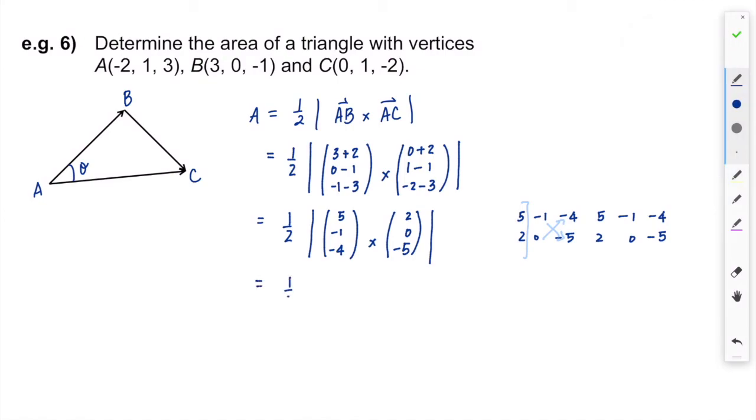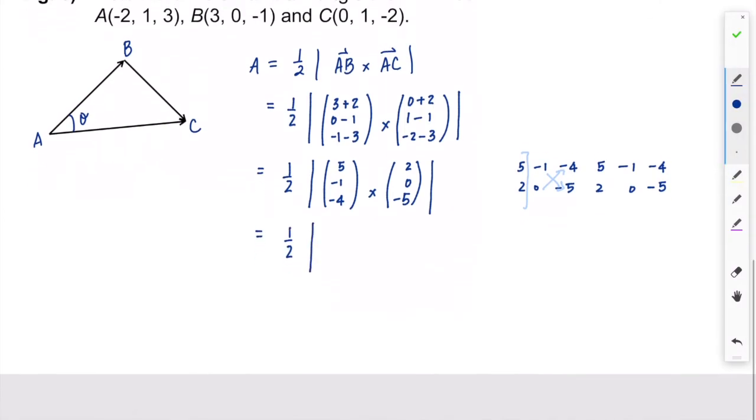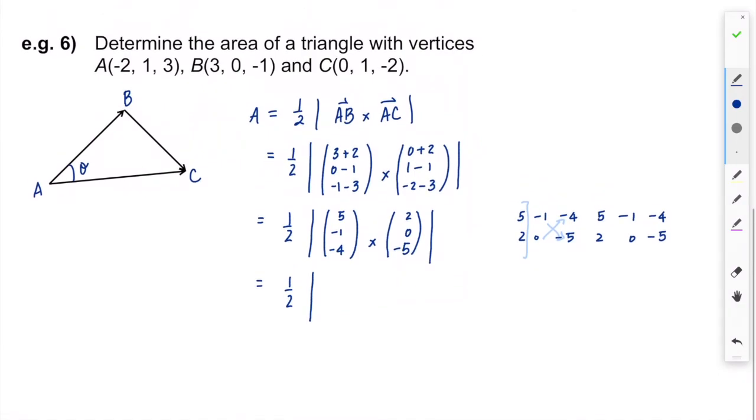Okay, so we need the magnitude of this vector. Negative 5 times negative 1, so 5 minus 0, so 5. And then next, negative 8 plus 25, 17. 0 minus negative 2, so 2.